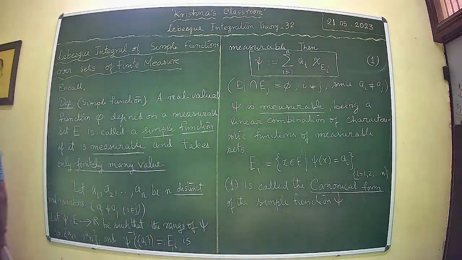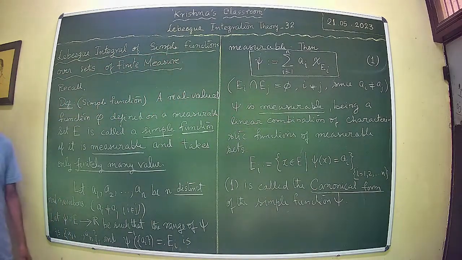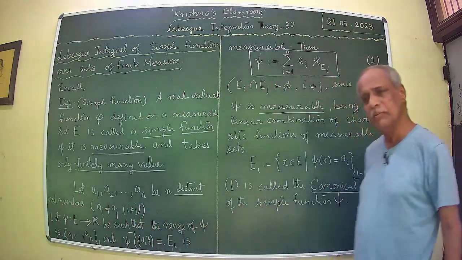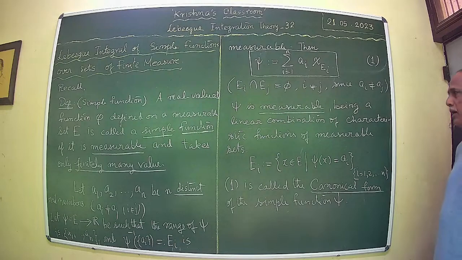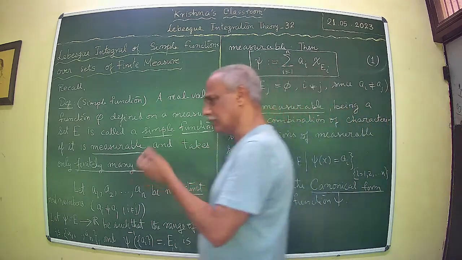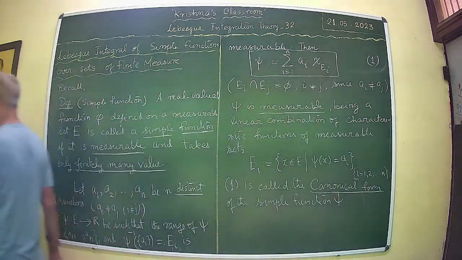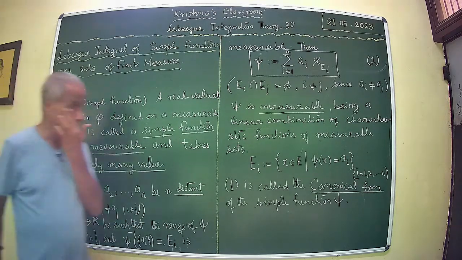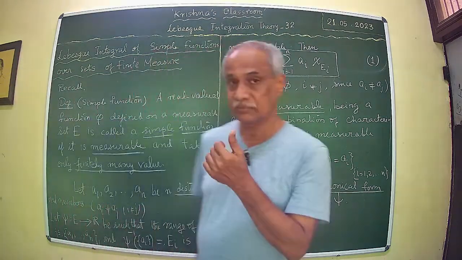Now that is quite simple. Okay, suppose you are given a simple function, which takes only finitely many values. Some of them may be repeated. Now what you do is, you can reduce that range of the function into finitely many distinct real values.